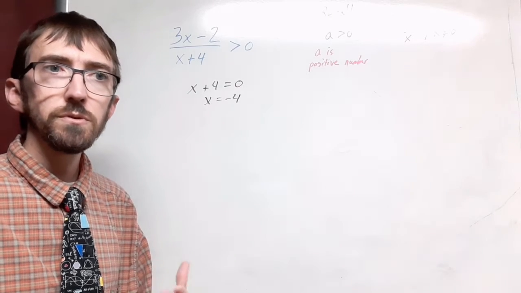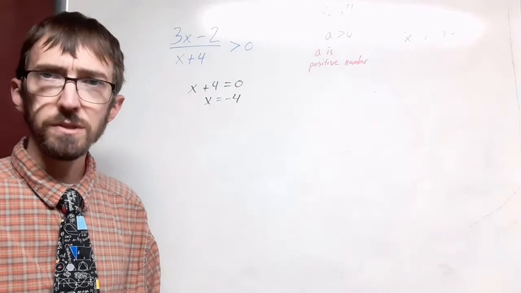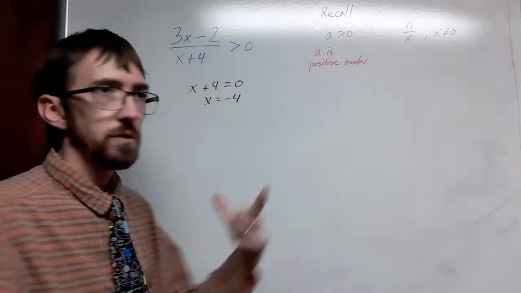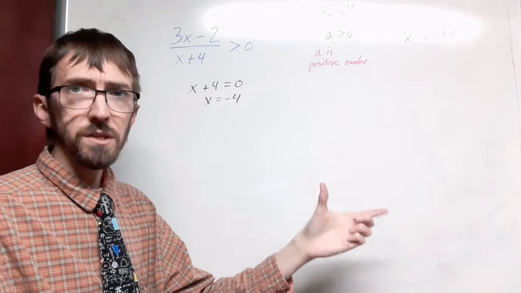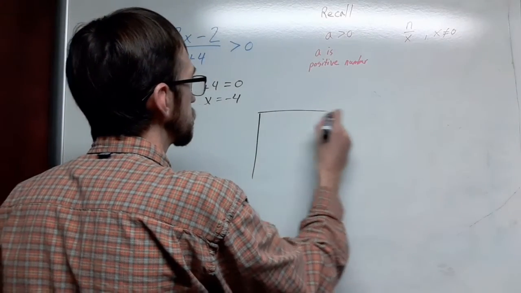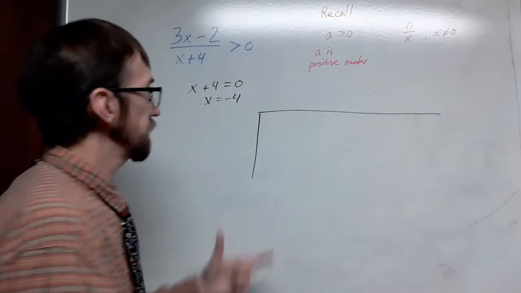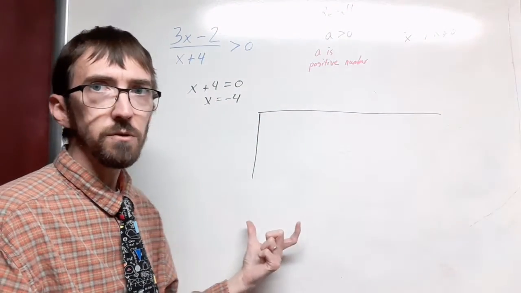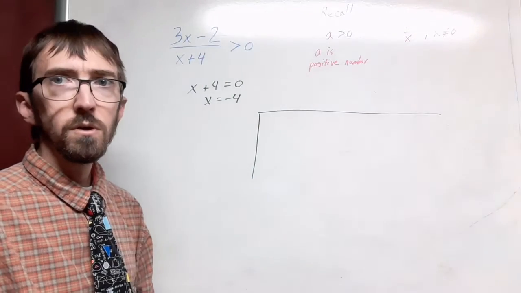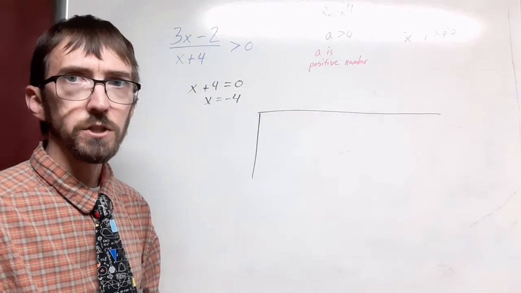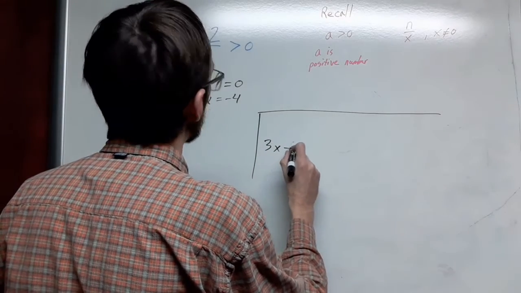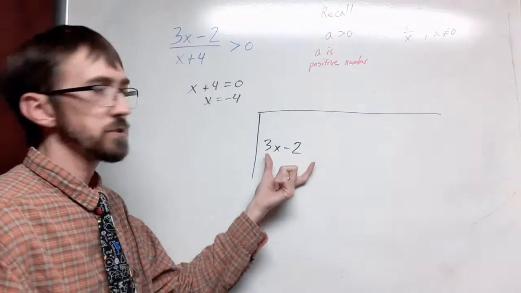And to do this process, we are going to use a sign chart. The top bar of my sign chart is like a number line. And then down the left-hand side will be the terms that are in our rational function. So our numerator is 3x minus 2.